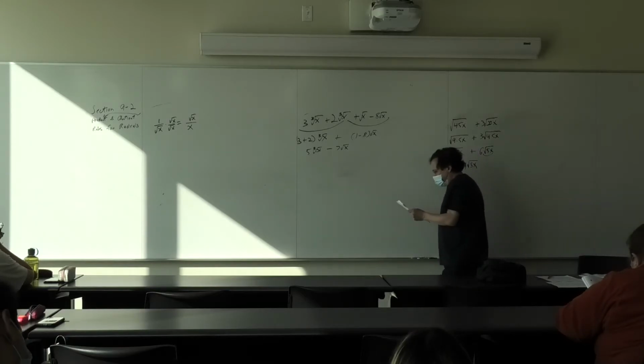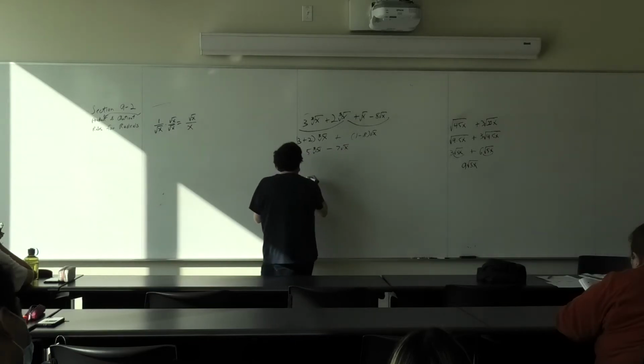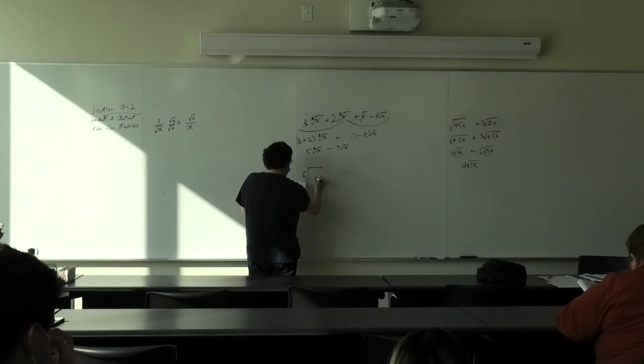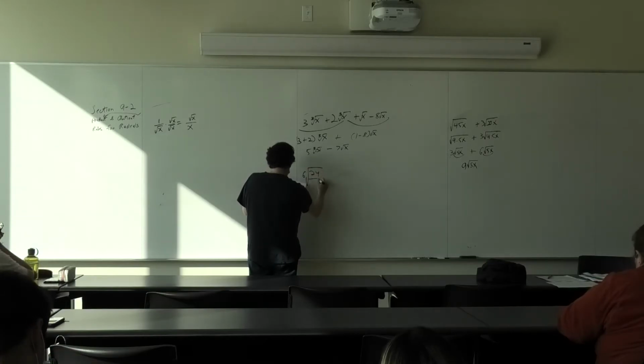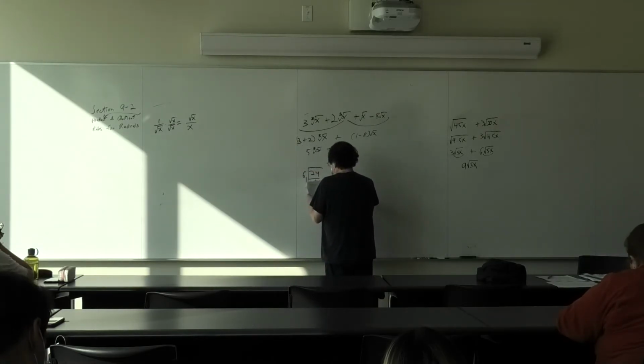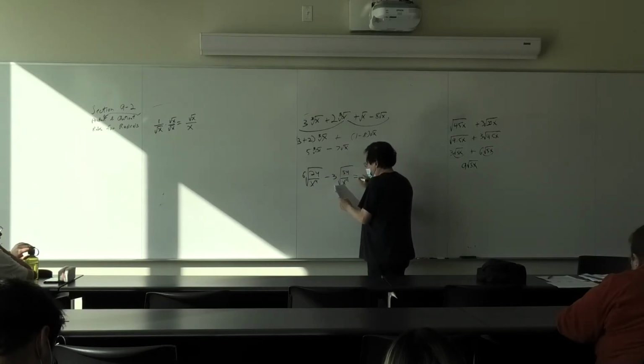Here's another one like this, only maybe a little more complicated. 6 over the square root of 24x to the 4th minus 3 square root of 54x to the 4th equals what?